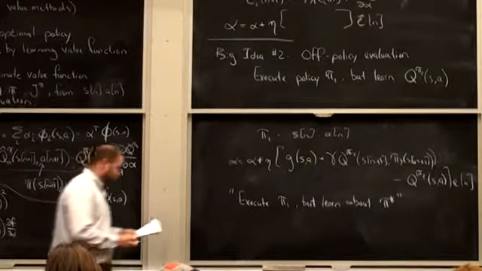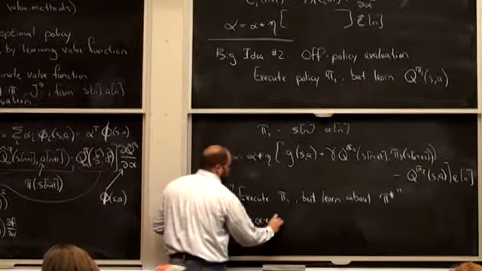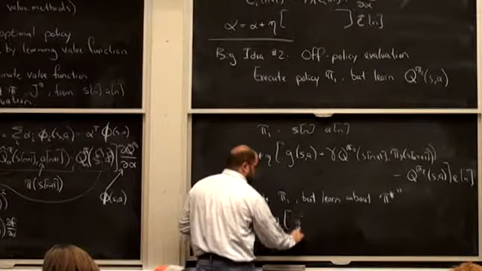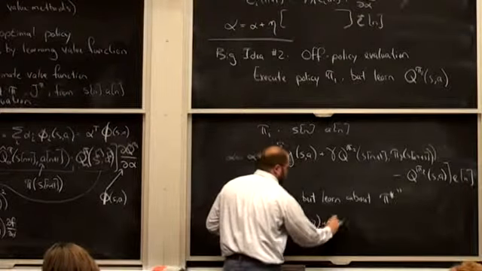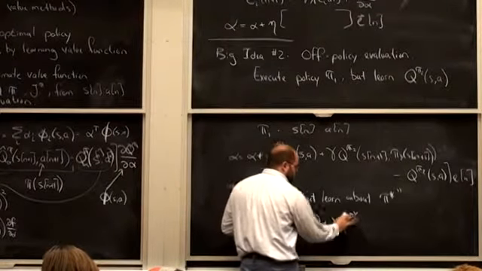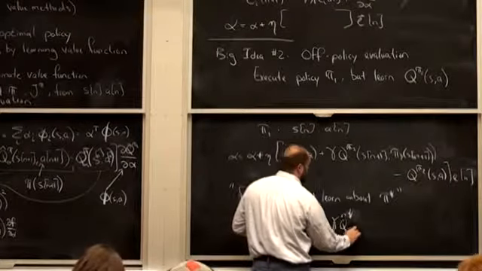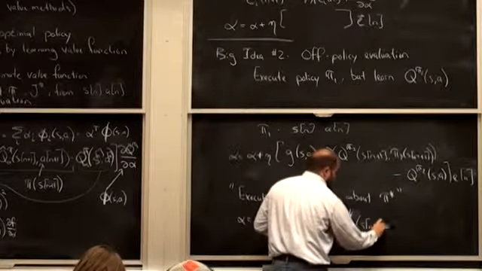Okay? And how can we do that? Well, shorthanded Q star here. Estimated Q star is Sn plus 1.